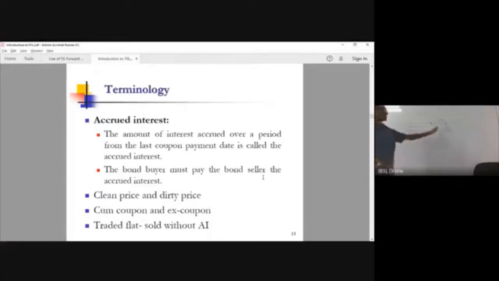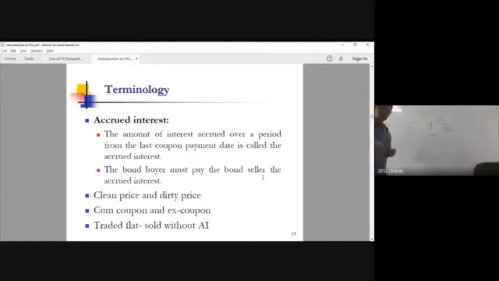There are 7 days before the coupon date. Whatever the date here, we call it ex coupon date. That may be 7 days or 5 days, whatever, depending on the issuers or the terms that agree between the issuers and investors at the very beginning when the bond is issued.